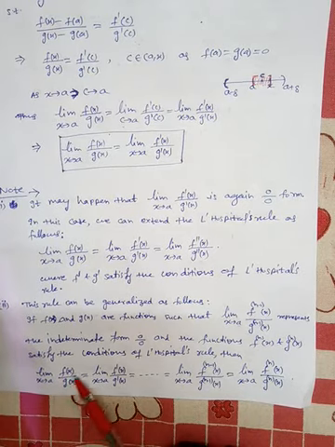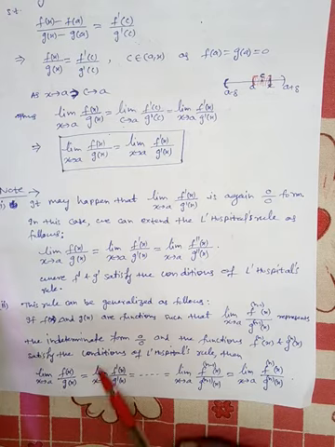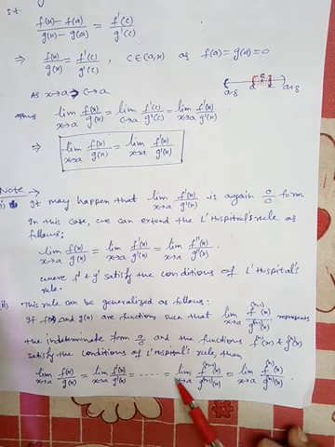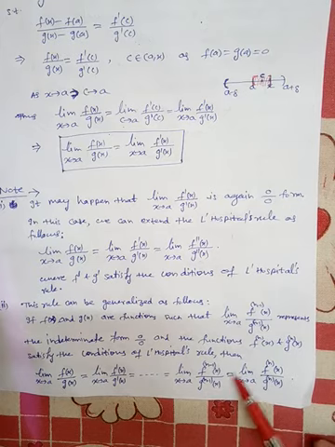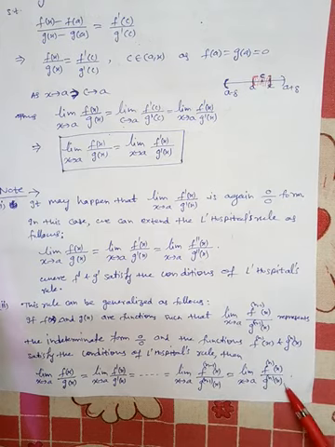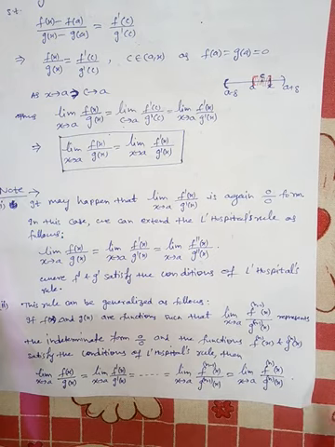Limit x tending to a f x divided by g x is equal to limit x tending to a f dash x divided by g dash x, is equal to limit x tending to a of the n minus 1th derivative of f divided by the n minus 1th derivative of g, is equal to limit x tending to a f n x by g n x. Okay, so this is the generalized version.